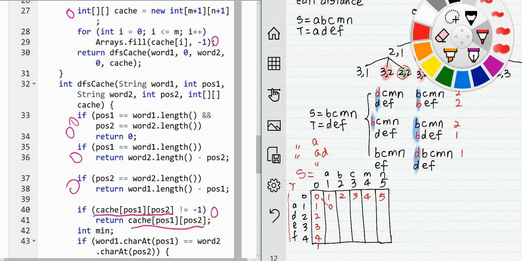Here we have three options. Option 1 is here plus 1. Option 2 is use this one or this one. The minimum of those three plus 1. So it's 0 plus 1 is 1, which means we can add a D to S to make them the same. We just keep doing the same step until we fill the full table.